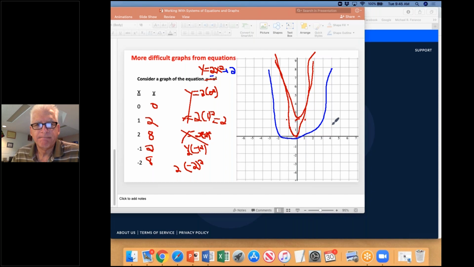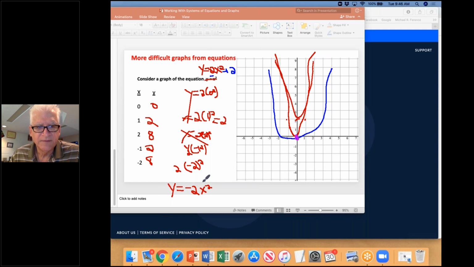Yes, that makes sense. One more thing I'll add is that if I was to change this equation to a negative 2, so if I had the equation y equals negative 2 times x squared, I'm going to change that to purple. It would still start at the origin.